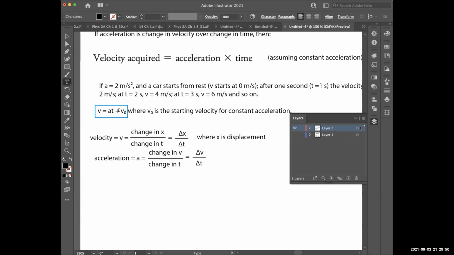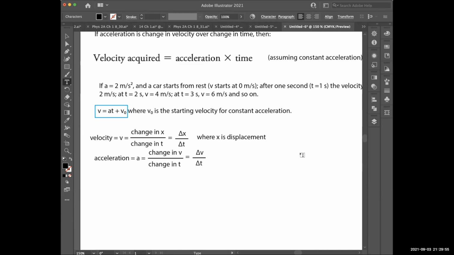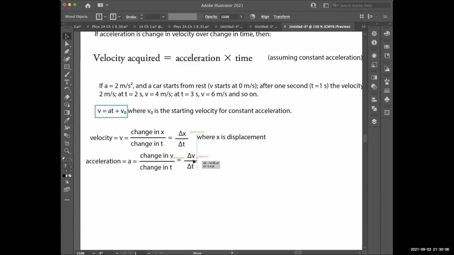And what were you saying, Addie? I didn't quite catch it. Could you repeat what you said? Oh, that acceleration is the variables of change within the constant. Well, sometimes acceleration is constant, sometimes it's not. But basically, acceleration is the change in velocity, and velocity is change in displacement. Displacement is kind of like distance, but in vector form.